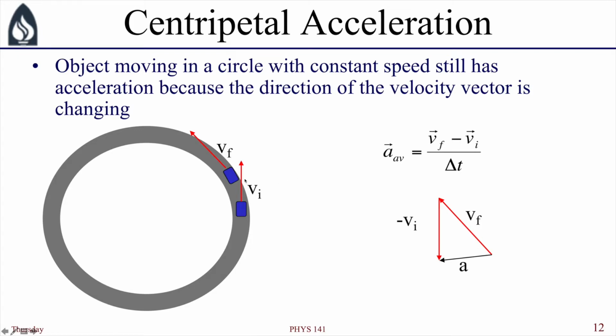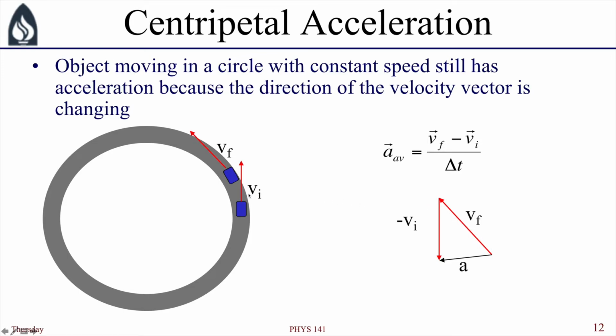So let's consider these two velocity vectors that are taken a close time apart. And if we want to find the average acceleration, we would take the final velocity vector and subtract the initial velocity vector from it. So let's redraw our velocity vectors over here. So this is the final velocity vector.